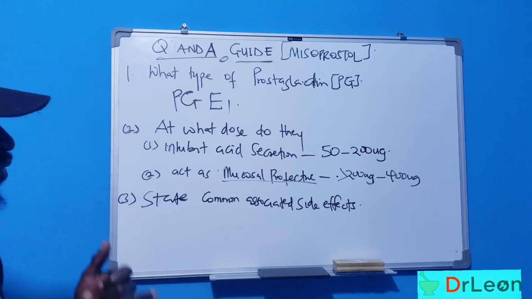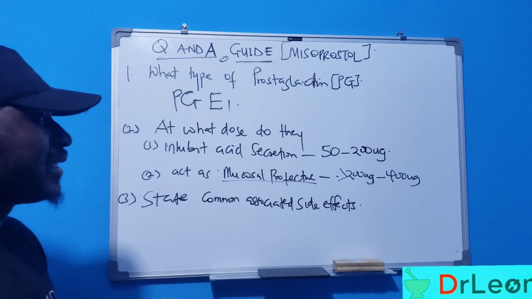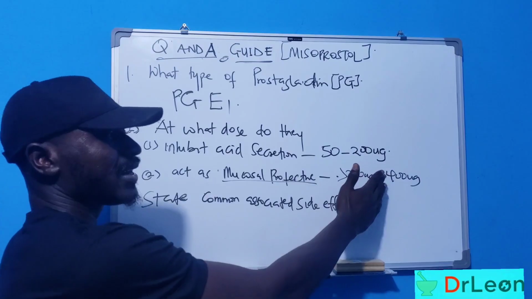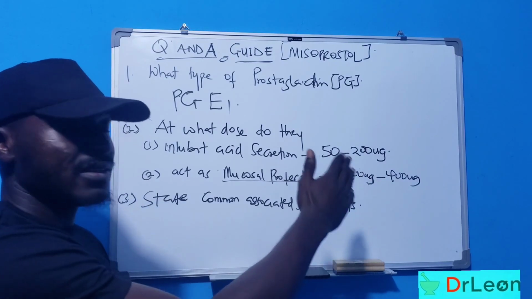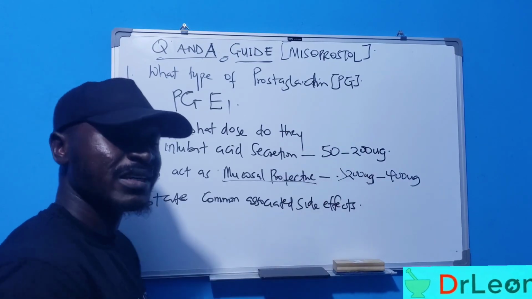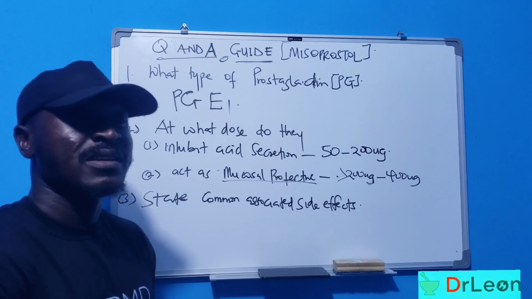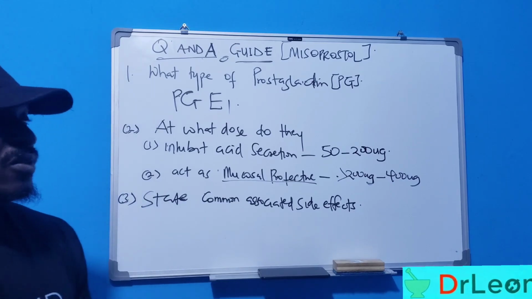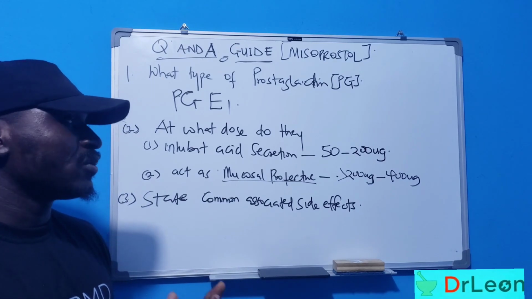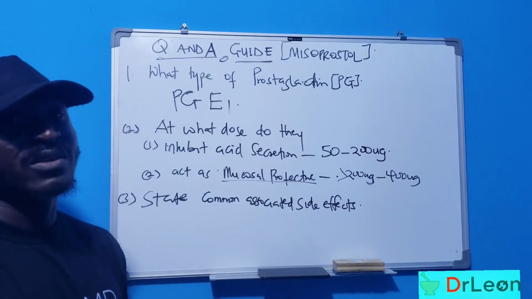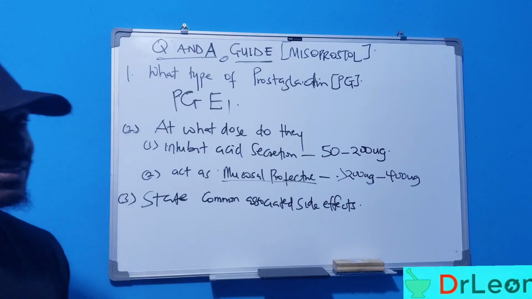So for PUD, the recommended dosages are within this range. The recommended dose shouldn't be more than 400 microgram. So normally it's given in PUD at doses of about 200 to 400 microgram 2 to 3 times in a day.